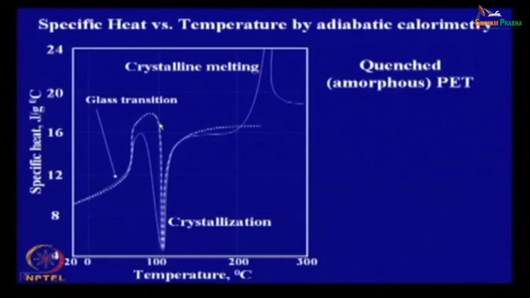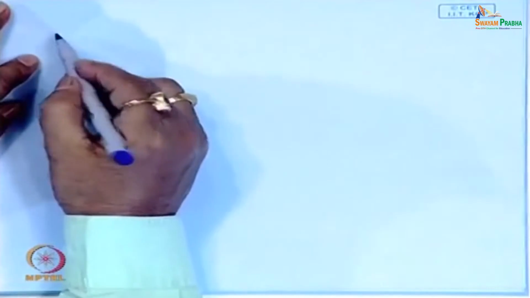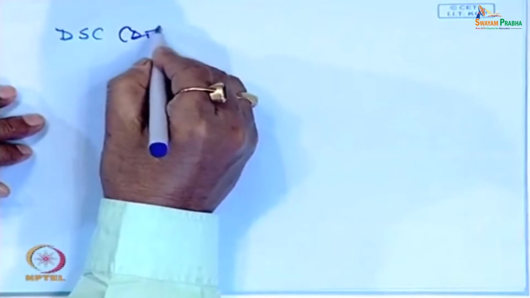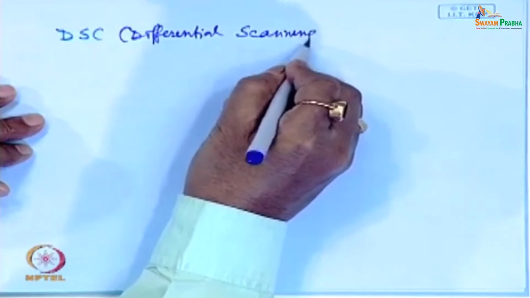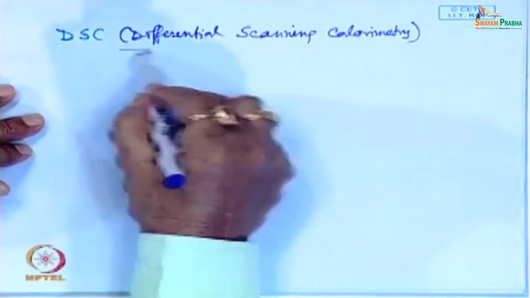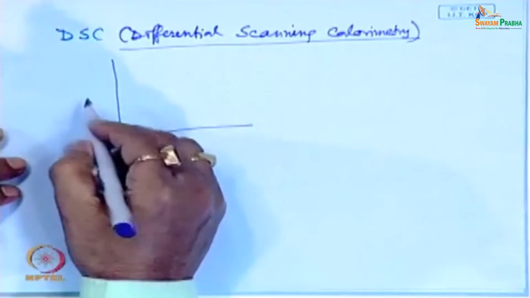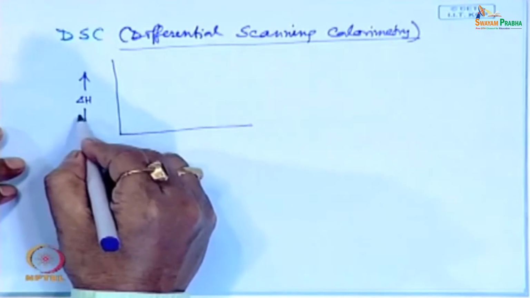very clear if one analyzes a polymer sample through DSC, differential scanning calorimetry, DSC experiment. It basically measures say enthalpy or energy change, may be exothermic or endothermic.